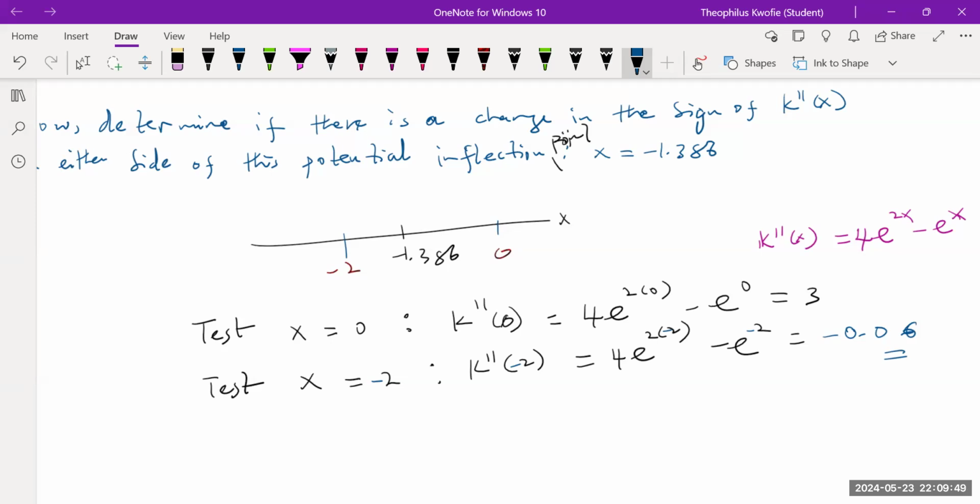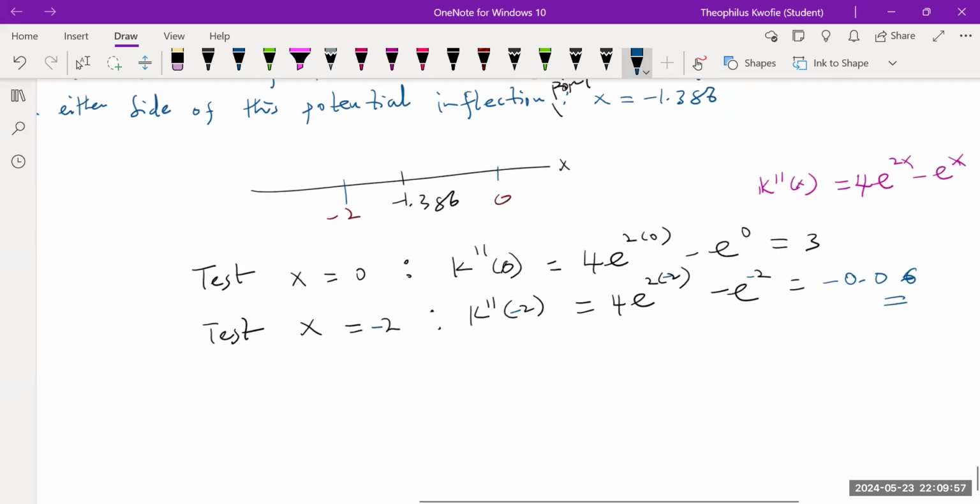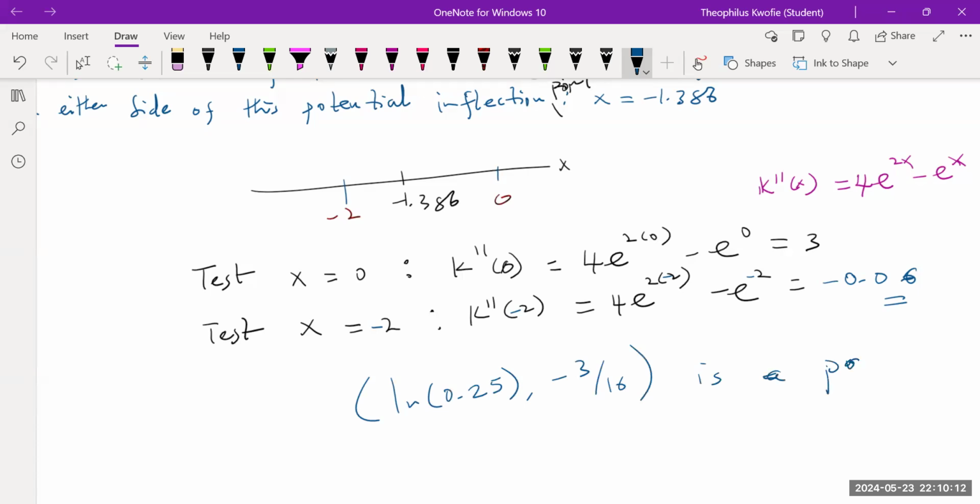But since there's a change in the sign, we claim that there's a point of inflection. So the coordinate, we claim that ln of 0.25 and negative 3 on 16 is a point of inflection. So let's take note.